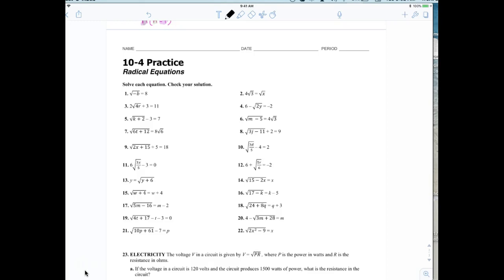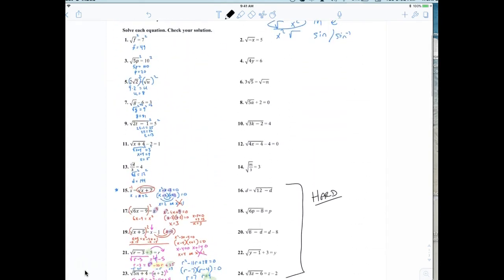I think it wouldn't be a bad idea. So if you want to look at the odds on 10.4, you can. But I don't think I'm going to post the answers to the evens.